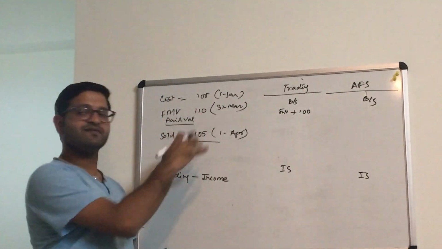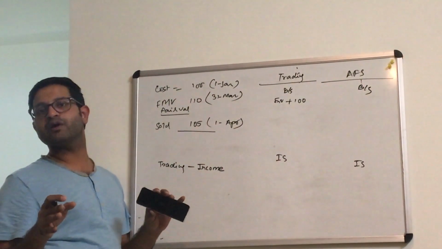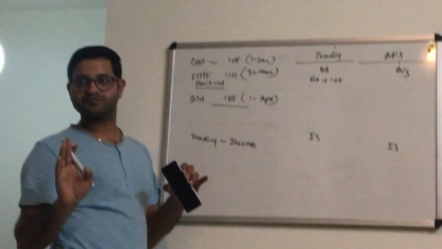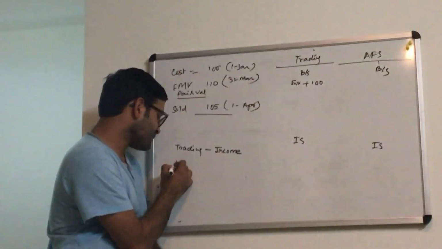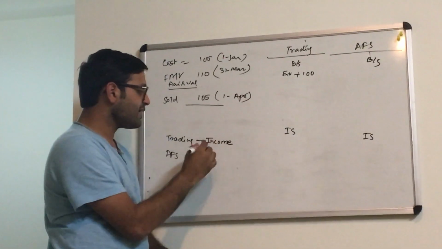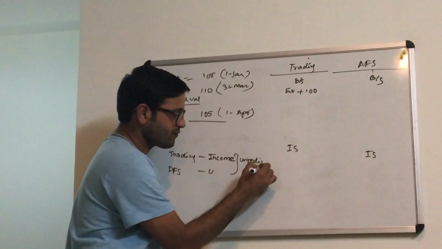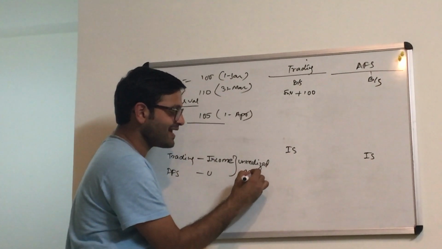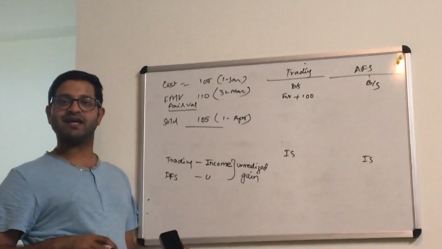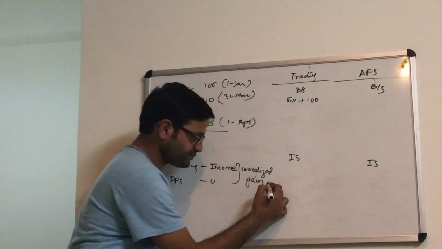Any change in the value, I put into the profit and loss account. If it happens to be AFS, it is in a different pocket. And this gain is an unrealized gain. Until I sell it, all these revaluations are unrealized gain or loss.